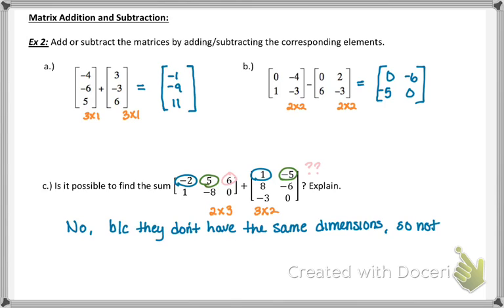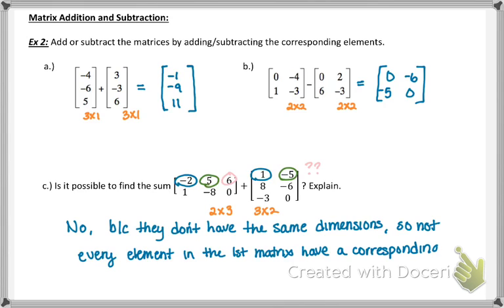Not every element in the first matrix has a corresponding element in the second matrix. So when we're adding or subtracting, we must have the same dimensions.